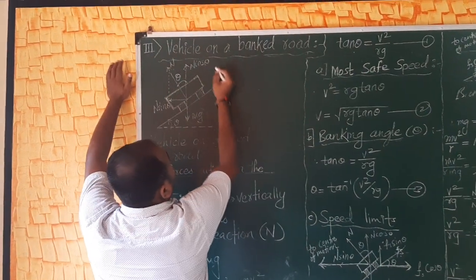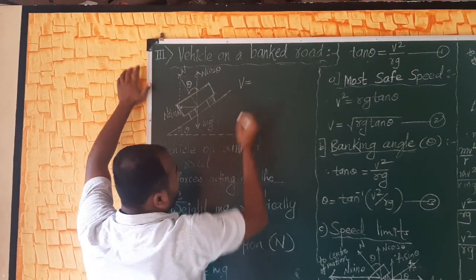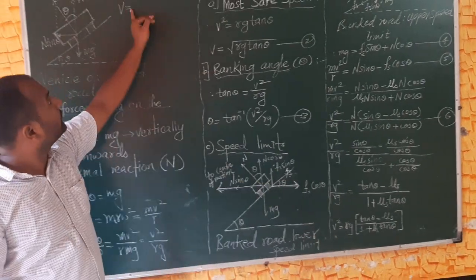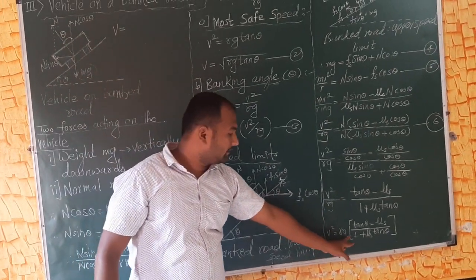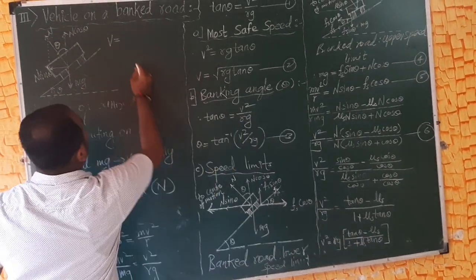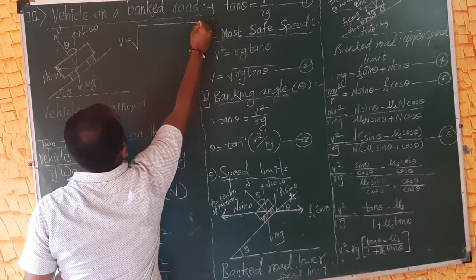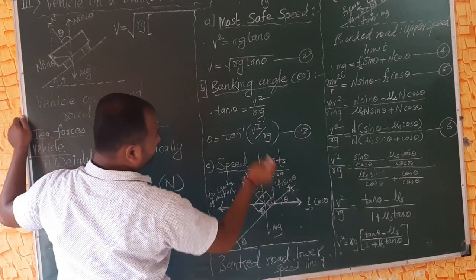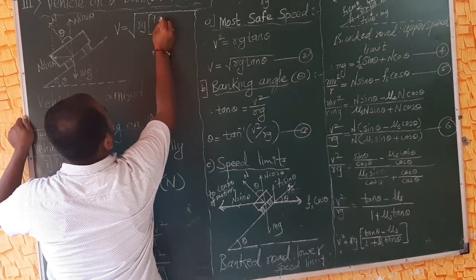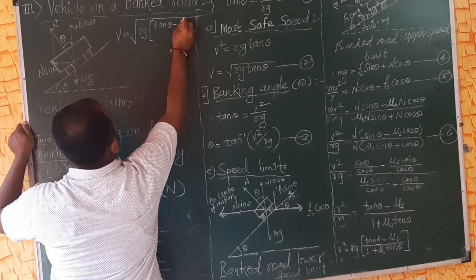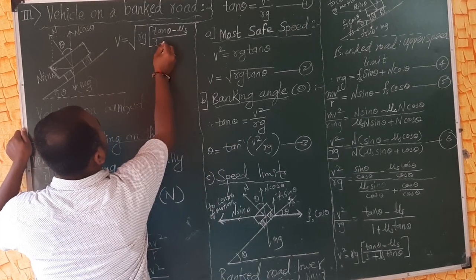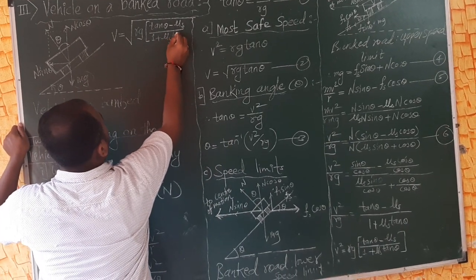So therefore, taking square root on both sides, the square root of v square is v, and under root we can write rg into bracket tan theta minus mu s upon 1 plus mu s tan theta.